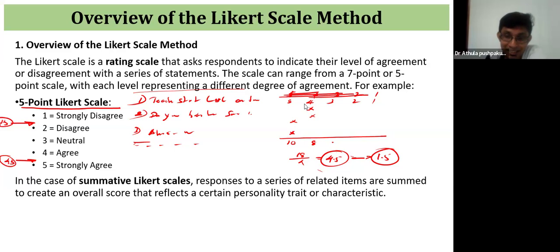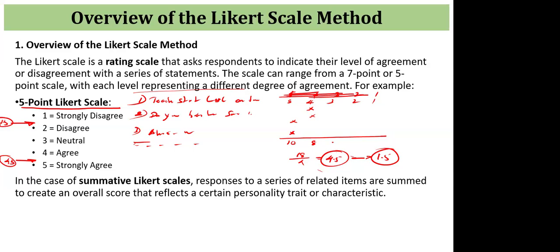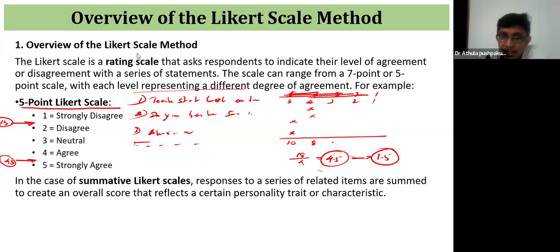Have you done research as a subject, research methodology? Completed by now or not? Not yet, sir. Especially when we are involved with research, we give questionnaires to students, teachers or people. Mostly we use a Likert scale.